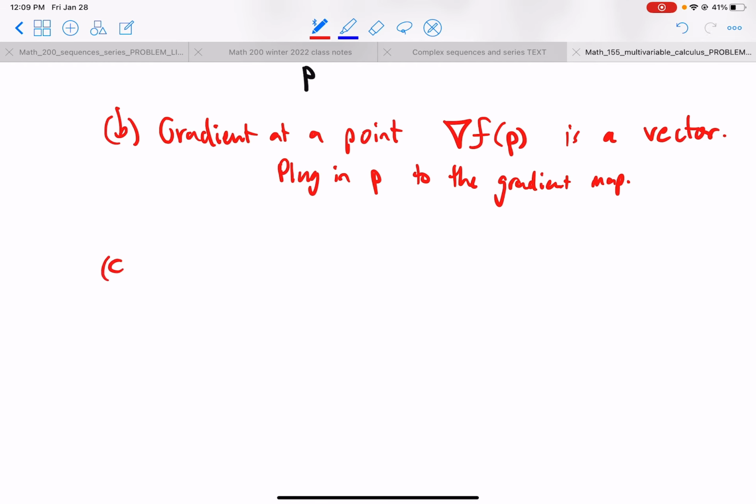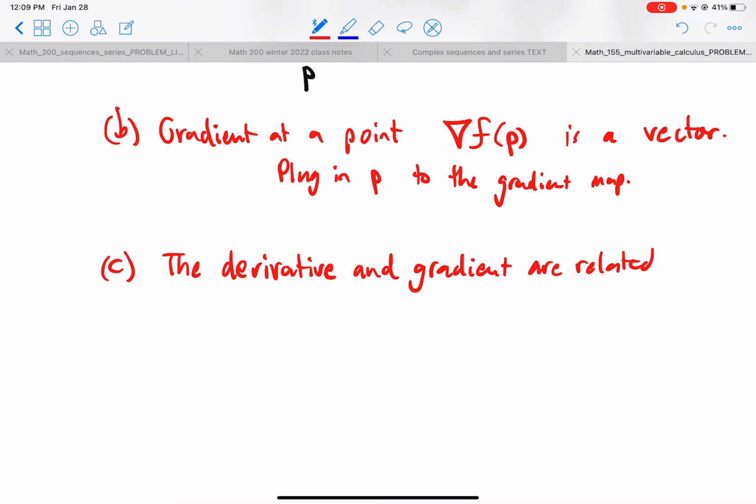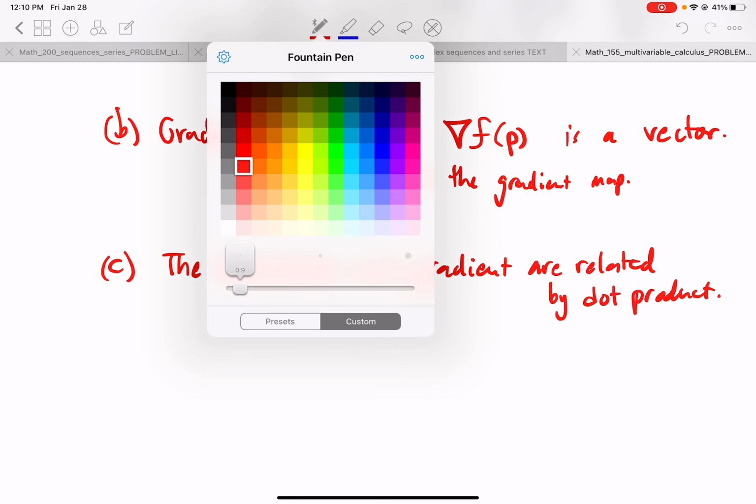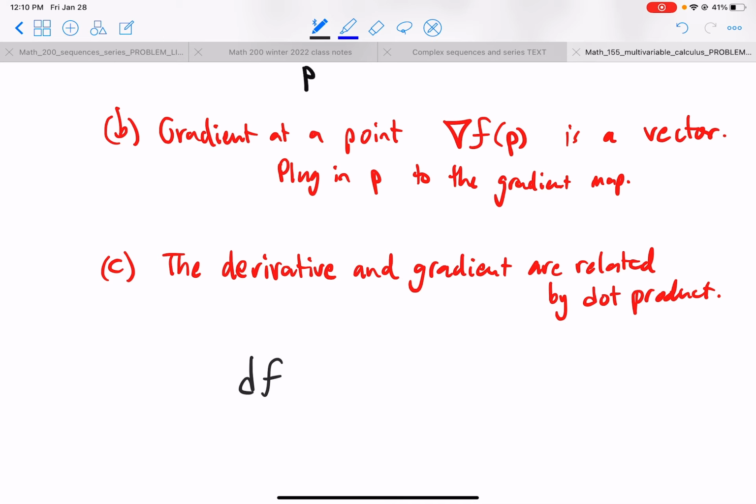Part C. The derivative and gradient are related by dot product. In particular, in formulas, the derivative of the map f at the point P in direction V is equal to the dot product. Maybe I'll write it like this: the dot product of V with what vector?